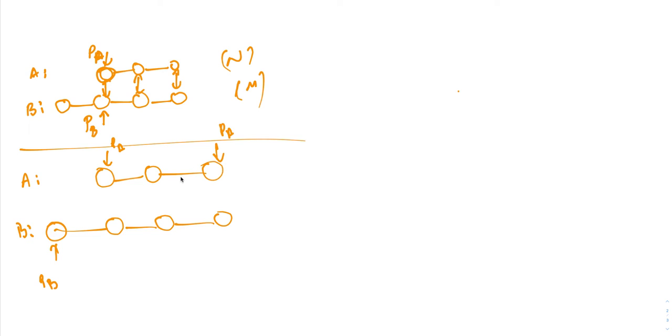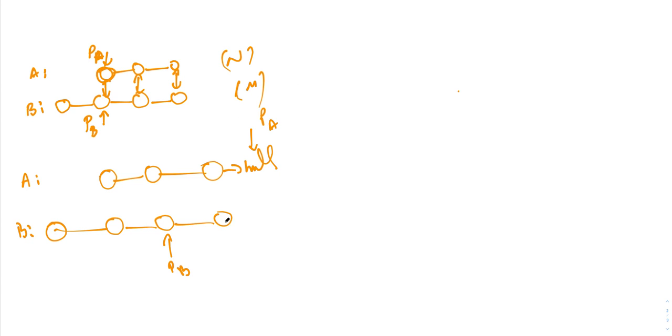This one will reach the end first because it's the smaller one, and this one will reach this element. Now when PA is at the end, in the next iteration it's going to go to the null value. We can actually allow that. So PA is going to be here, and PB is going to be here.